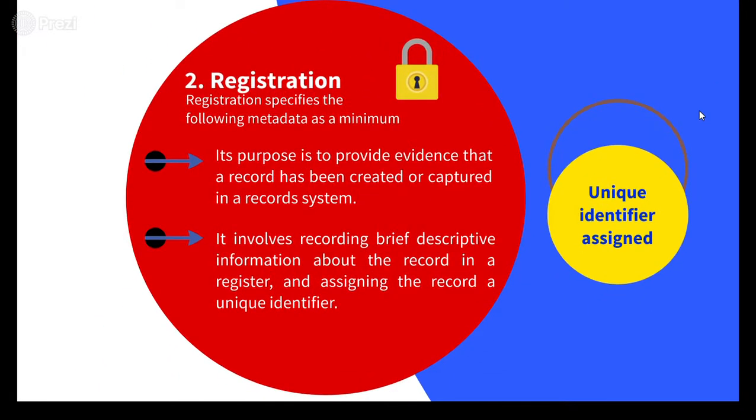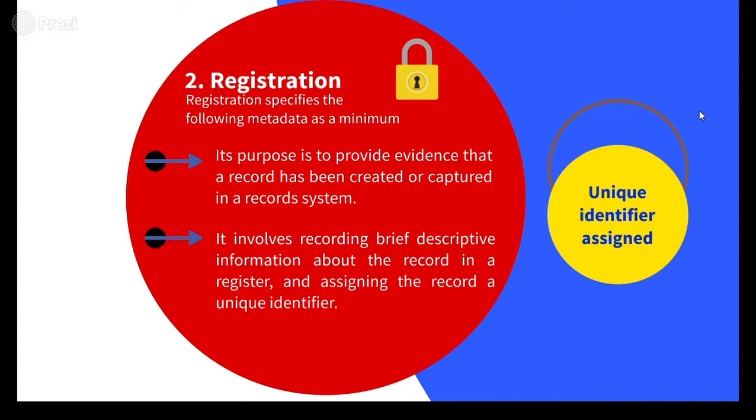We go to the second topic, which is registration. Registration specifies the following metadata as a minimum. Its purpose is to provide evidence that a record has been created or captured in a record system. It involves recording brief, descriptive information about the record in a register and assigning the record a unique identifier.